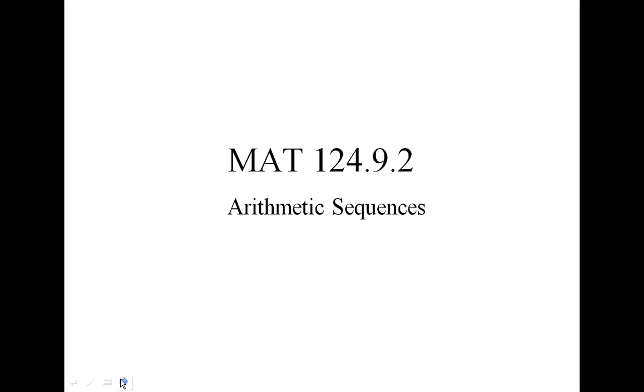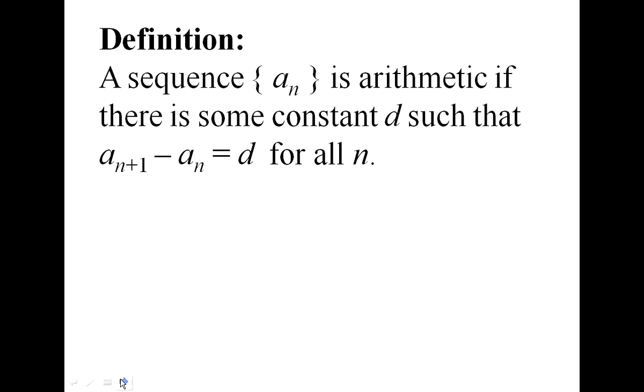Not everything has to be arithmetic or geometric, but there's our definition for arithmetic. If you can subtract terms that are next to each other and get what's called a common difference, D, then it's called an arithmetic sequence. If one number is off or out of line, then the whole thing is out and it's not an arithmetic sequence.